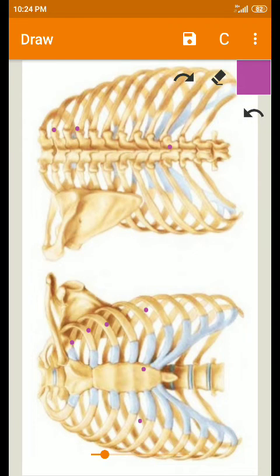Okay. The costal cartilages of the next 3. So 1, 2, 3, 4, 5, 6 and 7. After that, the next 3, that means 8, 9 and 10, end by joining the next higher cartilages. So here the 7th is the direct connection.